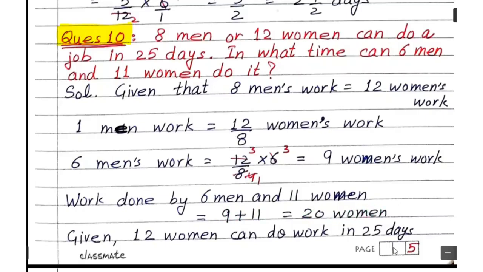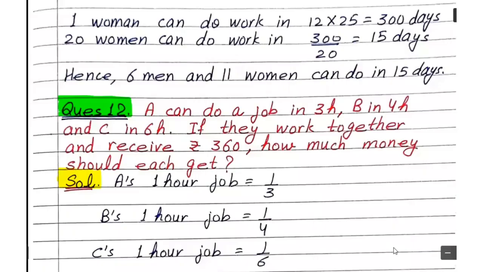Now, given 20 women can do the work in 25 days, right? So, 1 woman can do the work in 25 into 12, that is 300 days. 20 women can do the work in 300 divided by 20, that is 15 days, right?